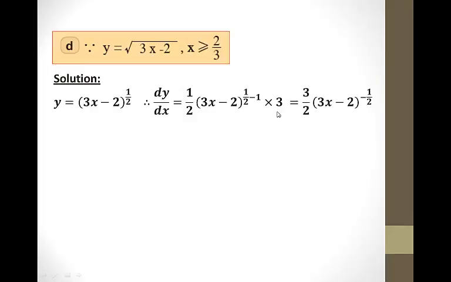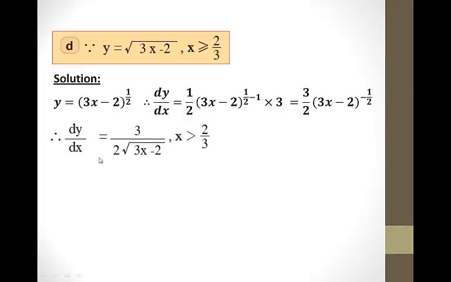By 3, how we get 3? By differentiation of 3x. So 3 multiply 1 over 2, it will be the coefficient 3 over 2, and 3x minus 2 will be power negative half. As you see, half minus 1 is negative half.